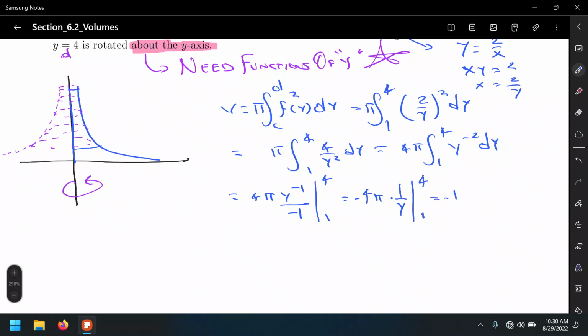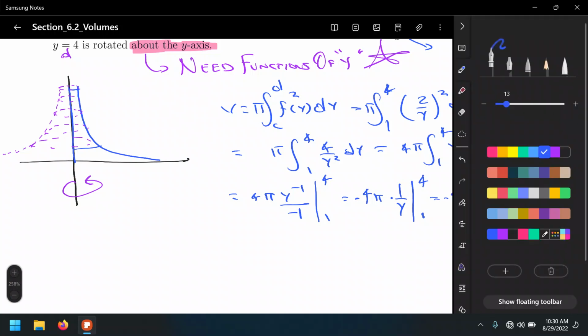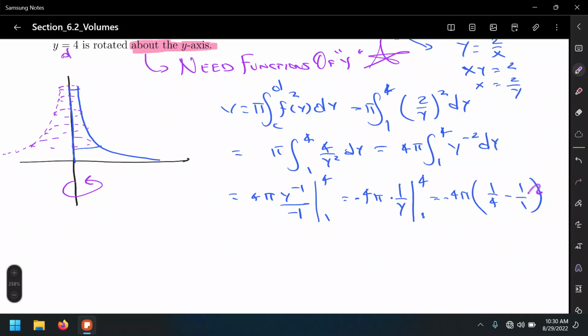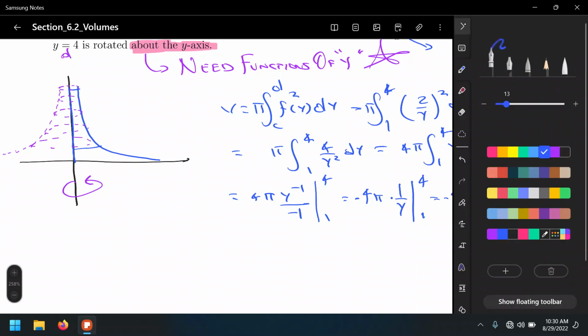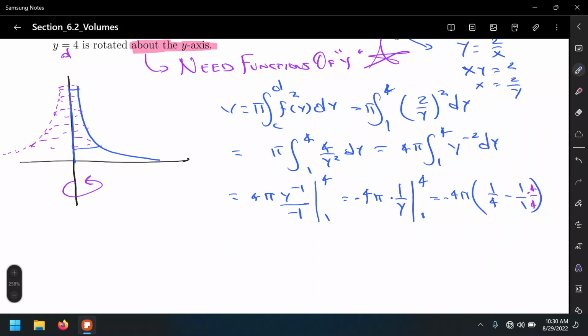So that's negative 4 pi, and that's 1 over 4 minus 1 over 1. All right, and to combine these two fractions together, that's the same as saying 4/4. And 1/4 minus 4/4, that's going to give us negative 3/4.